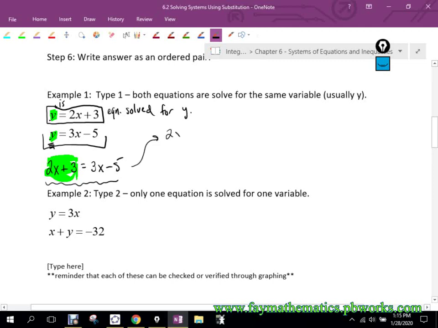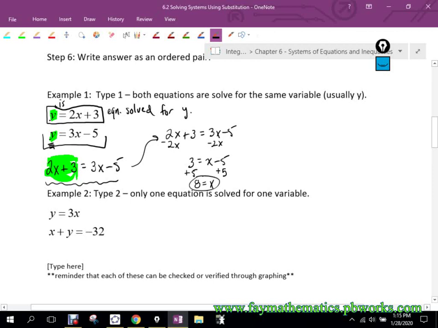If I have 2x plus 3 equals 3x minus 5, I'm going to subtract 2x from both sides. So it gives me 3 equals x minus 5. Now what am I going to do? Add 5. So does that end up giving me x equals 8?